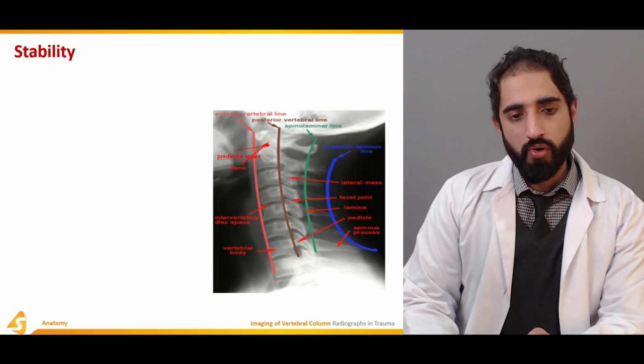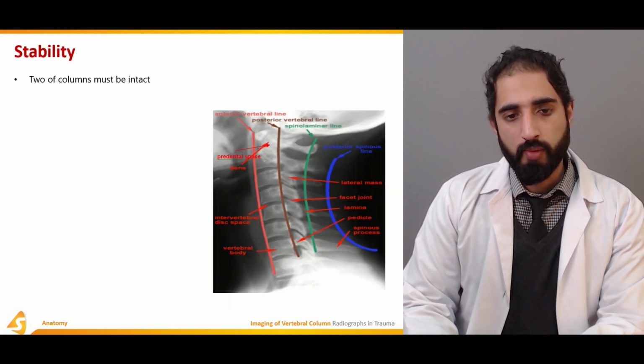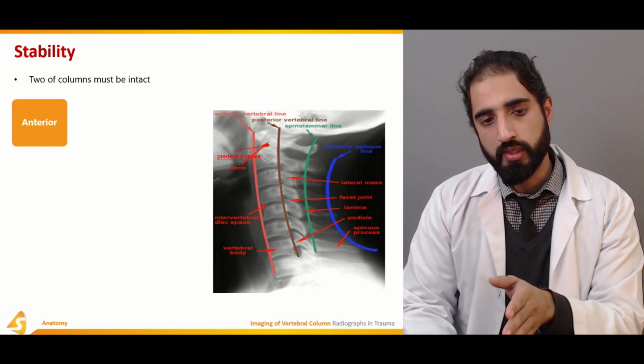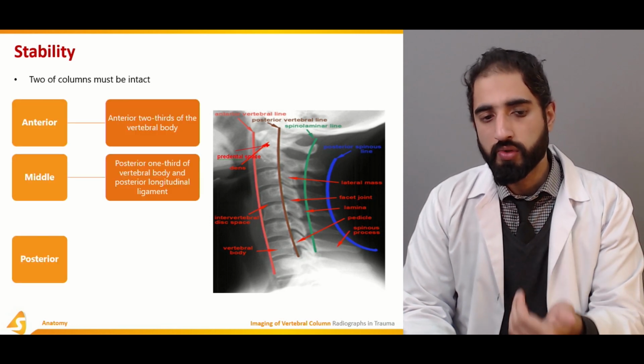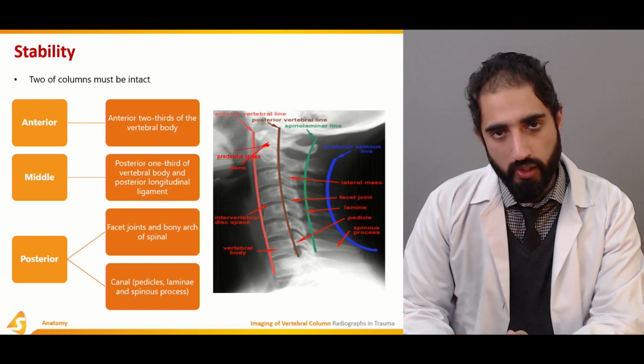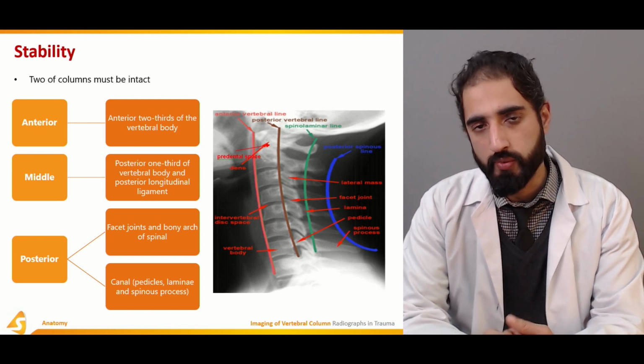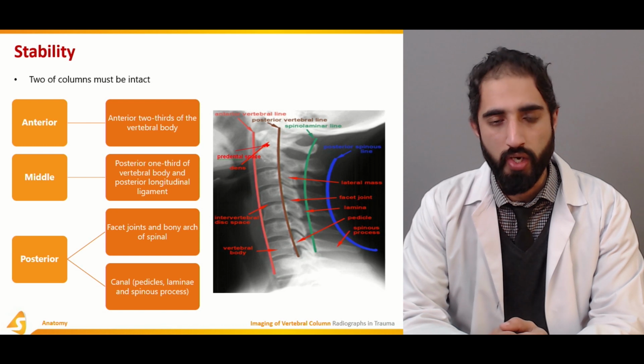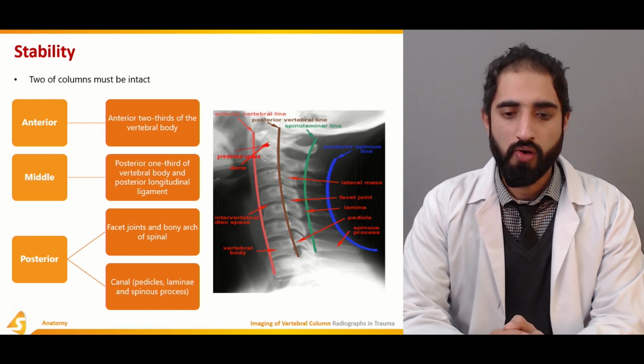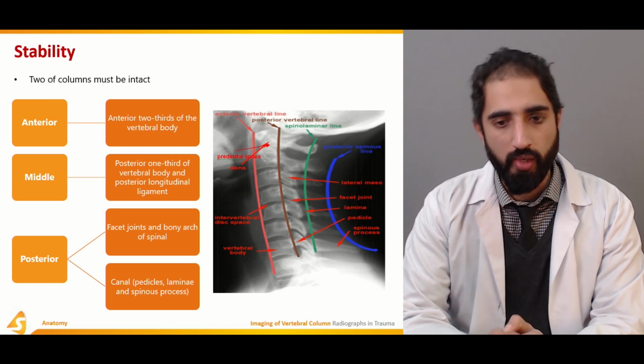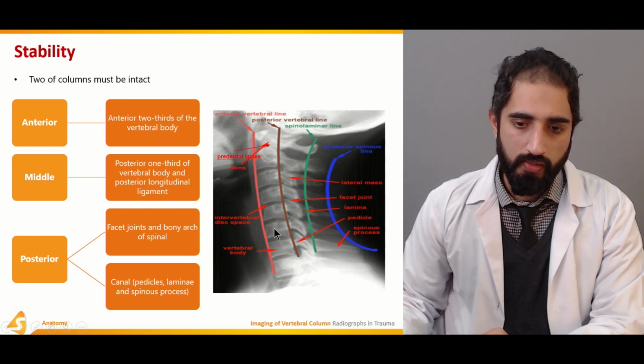Now, moreover, talking about stability, there are three columns, the anterior, middle, and posterior column, that we can observe on a lateral view X-ray or radiograph. The anterior column is the anterior two thirds of the vertebral body, which is this part.